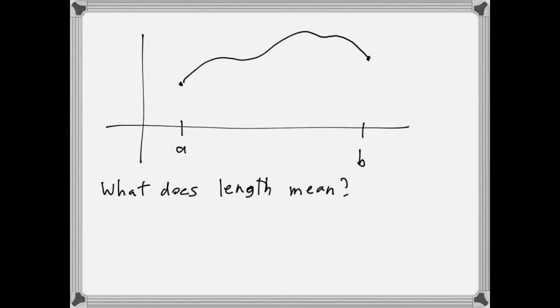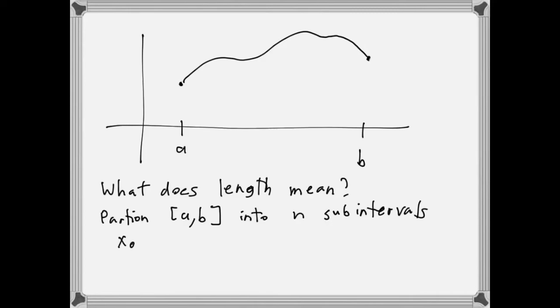As usual, we're going to partition A to B into n subintervals x naught, x1, all the way to xn of equal width delta x. So this is what we usually do, and I'm going to draw a picture here.